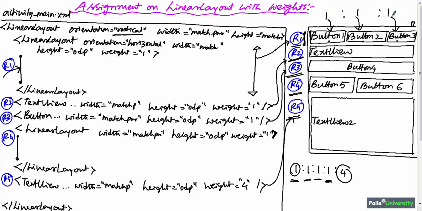Since these 3 buttons are available inside the horizontal linear layout, whenever you are specifying weights for elements sitting inside a horizontal linear layout, which one will you make 0 dp? Obviously, for a horizontal linear layout, we have to make width 0 dp and then only apply weight. This weight 1:1:1 will make sure that there is no extra space left over in this row.